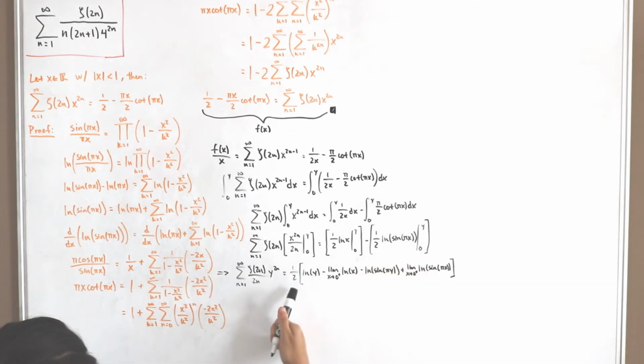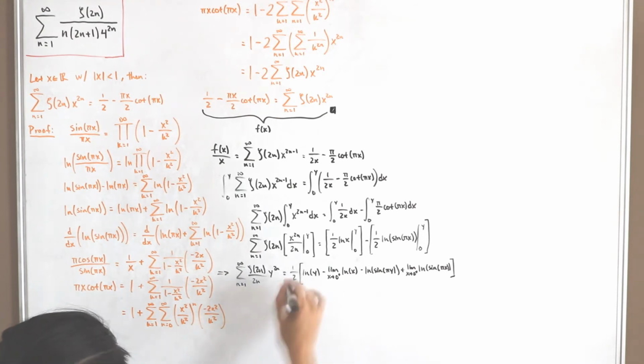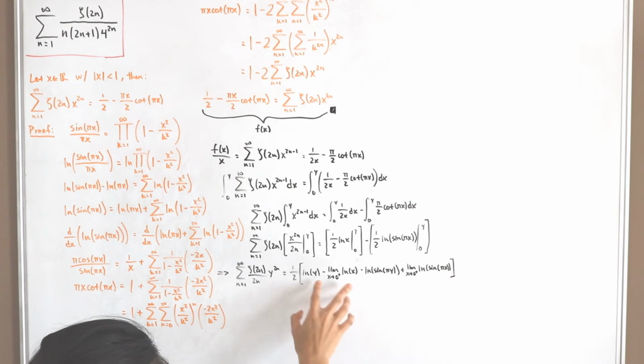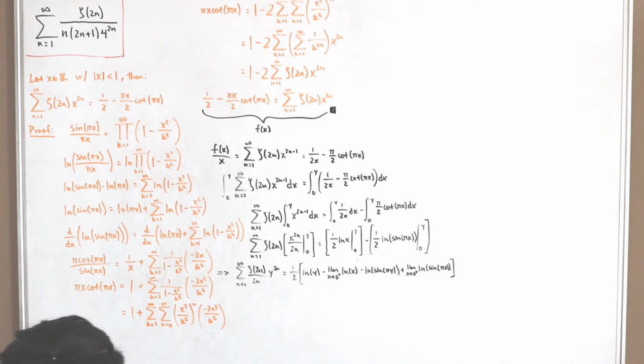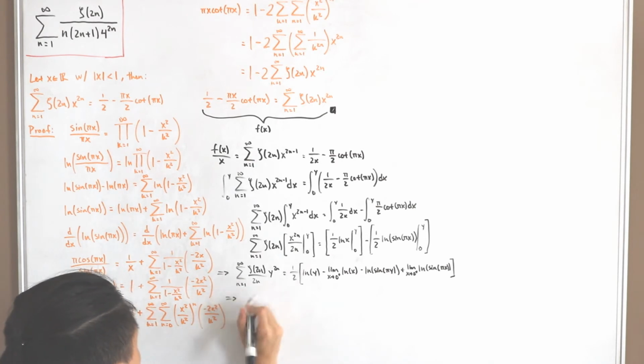And now the next step is that I multiply 2 to both sides. So of course the 1/2 will cancel, and the 2 from the denominator will cancel as well. Since we got rid of the 1/2, now we just have to combine our terms using our rules of natural logs. So let me just continue writing forwards.